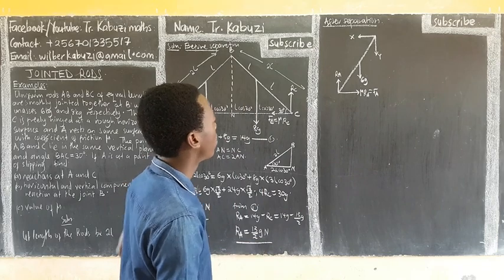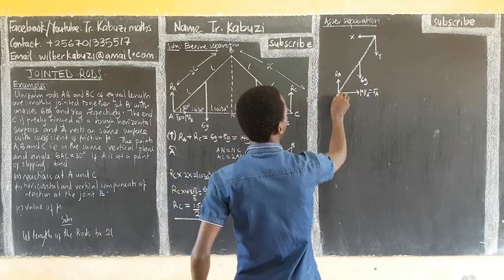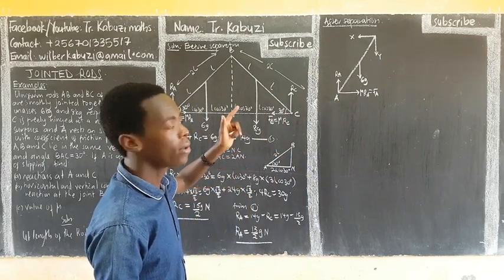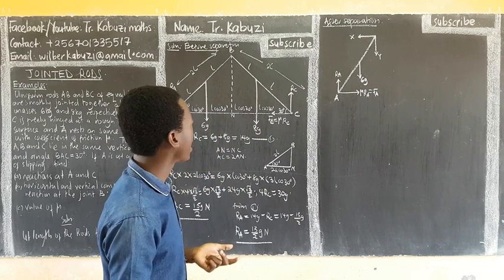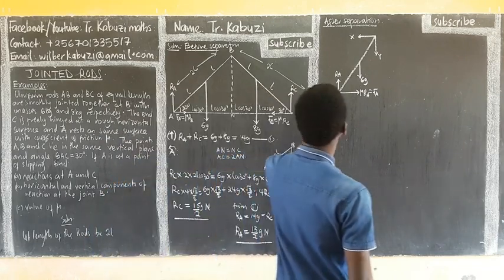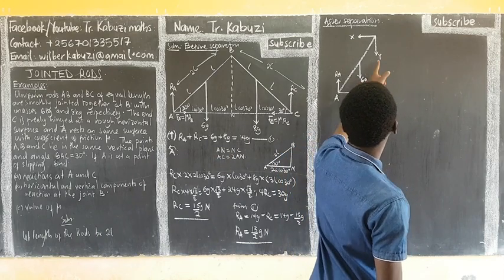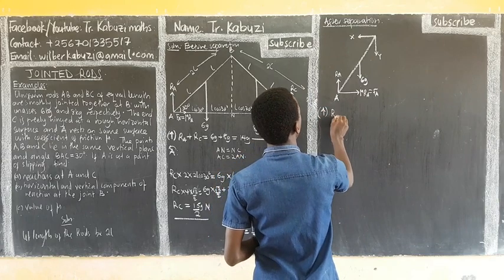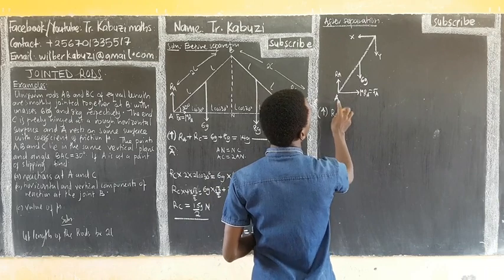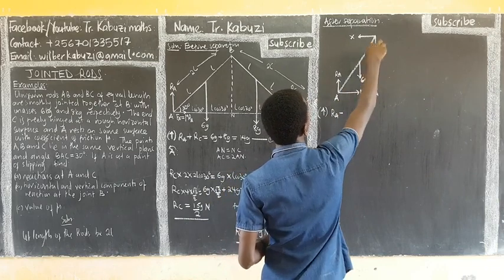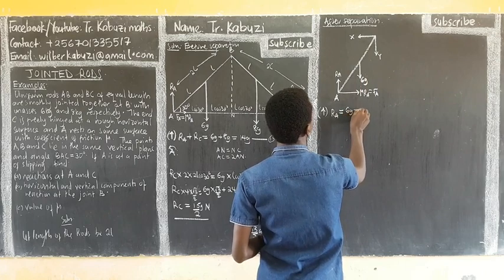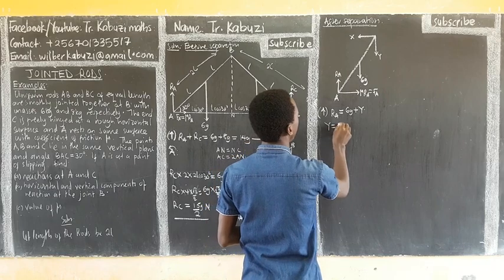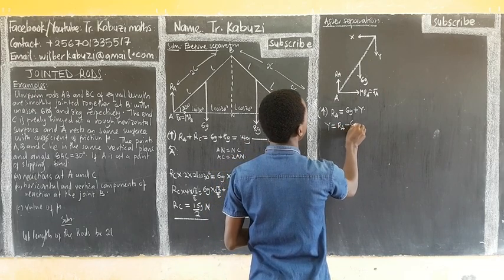So there, what we are going to do, we resolve. So this is our A here. We resolve vertically, and then we also resolve horizontally, and then we get our cases there. So resolving vertically upwards, I have RA only, which is going to be equal to, this one is acting downwards, 6g plus Y. So my Y is going to be RA minus 6g.